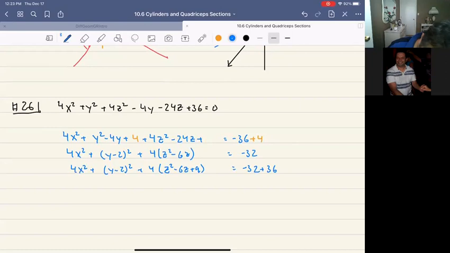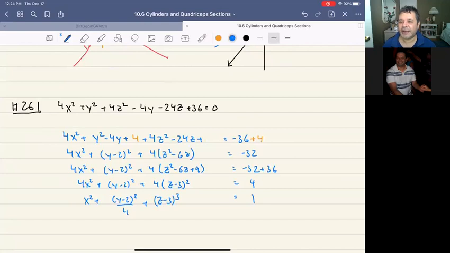Okay, so I get 4x squared plus y minus 2 squared plus 4 z minus 3 squared equals 4. Now I'm going to divide out the 4. Okay, so I have a 1 on that side. So I get x squared plus y minus 2 squared over 4 plus z minus 3 squared equals 1.